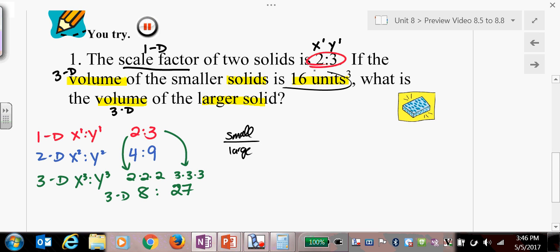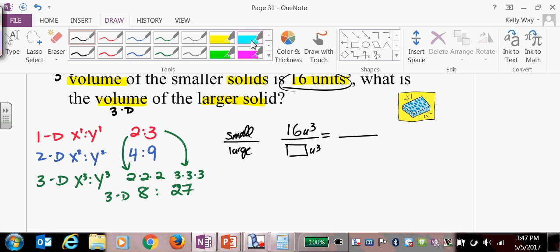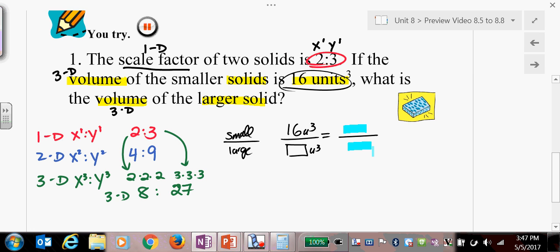Our small volume is 16 units cubed. We want to know our large volume. So the question is, which ratio are we going to use over here? You should have noticed volume is 3D, so we use our 3D ratio, which is this one.